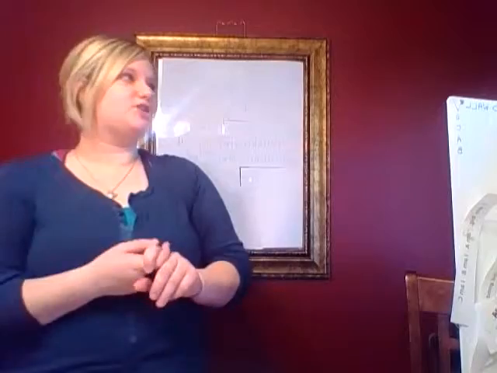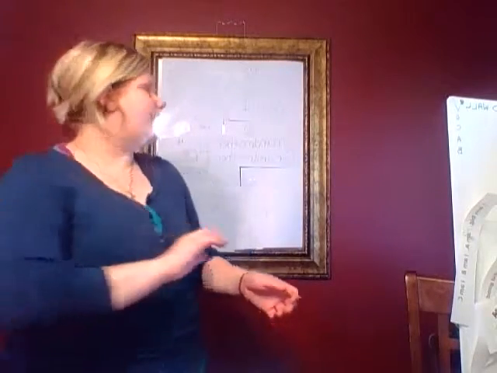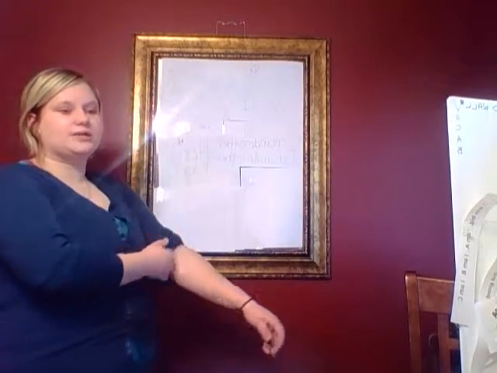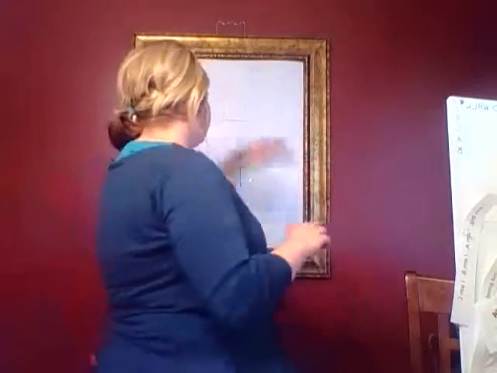So we did very well with matching uppercase and lowercase letters. We will continue to work on those. So next time when we have our lesson, we will do some more of those, but they'll just be different letters. So it'll be the same kind of worksheet, but a whole new set of letters. And then we read high frequency words aloud. We did them by ourselves after we circled them, and then we did them on the board.